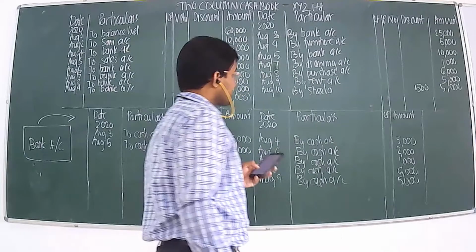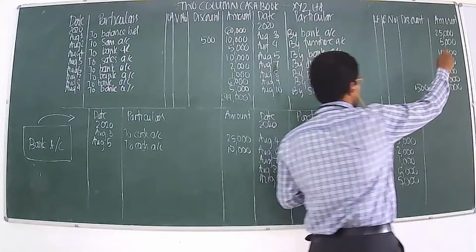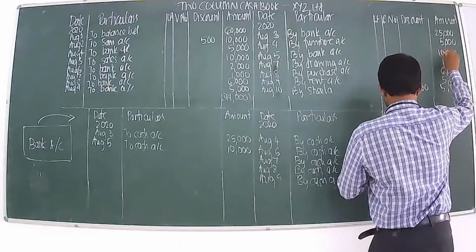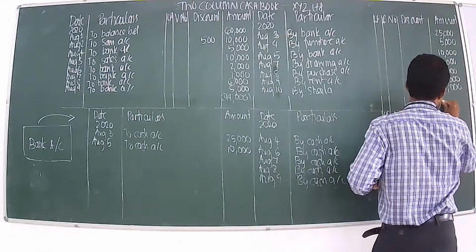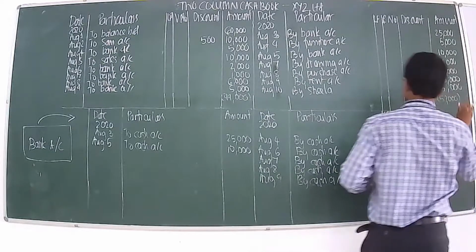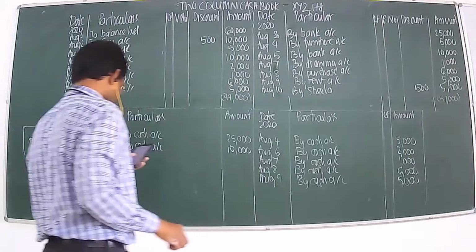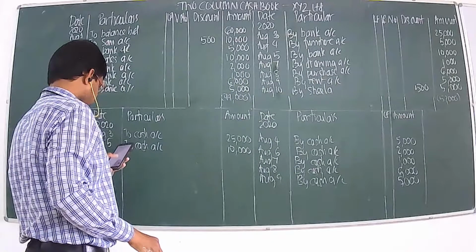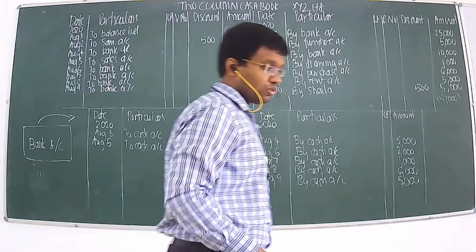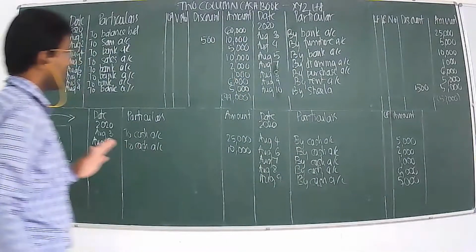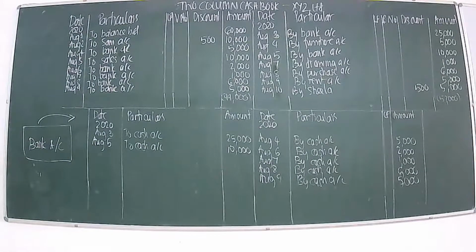So that will be 57,000. Let me just confirm that once again: 25, 5, 10, 1, 6, 5, 5. So this will be 57,000. So 99,000 minus 57,000, the balance is 42,000. So the cash balance that you have with you is 42,000.